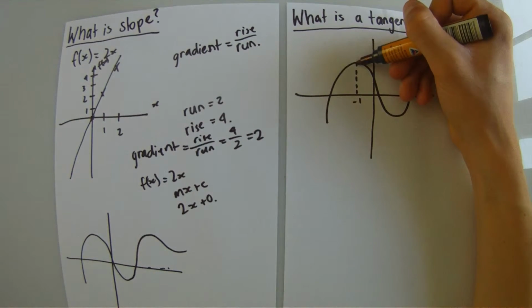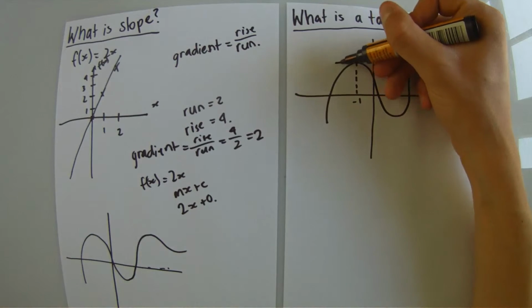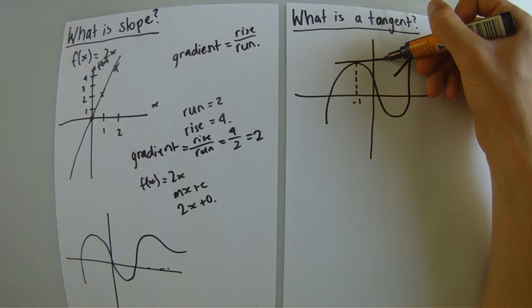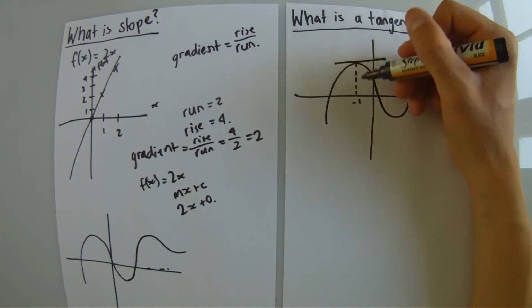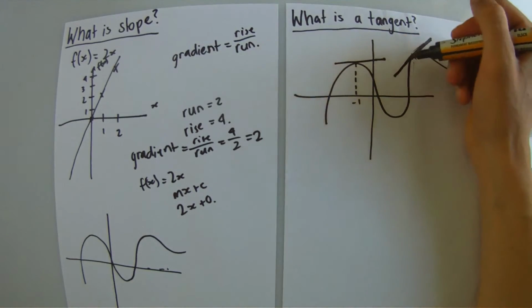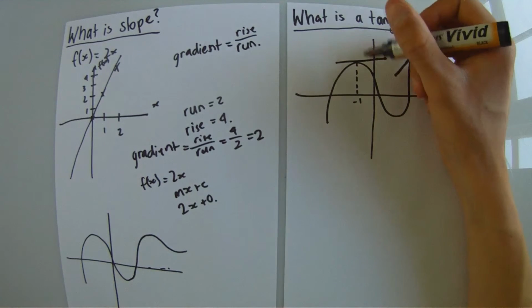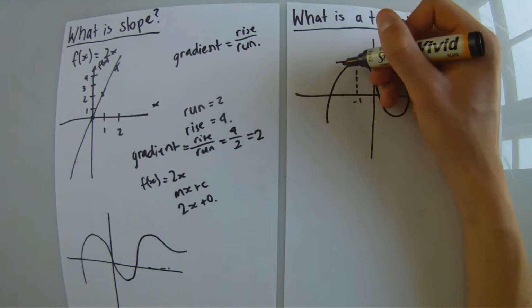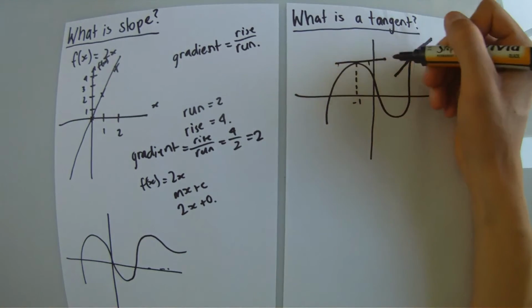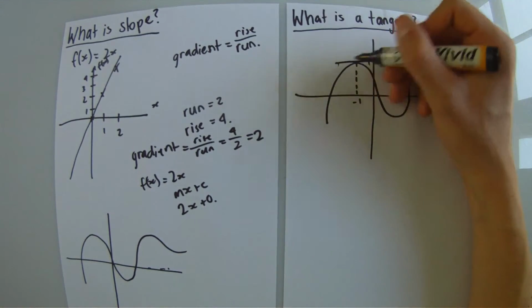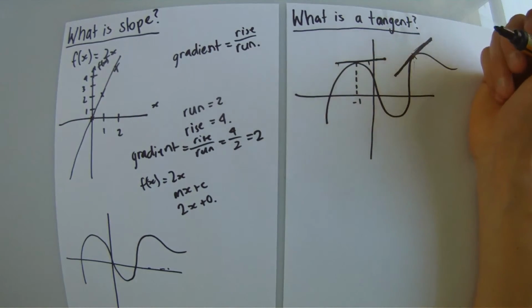If we draw a tangent line to this curve here, it doesn't rise anything. My bad drawing makes it look like it does, but it's not supposed to. The run is however much you take, so we can take a run of 2 and a rise of 0.